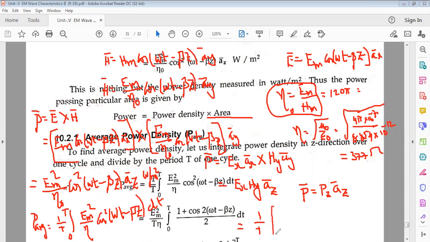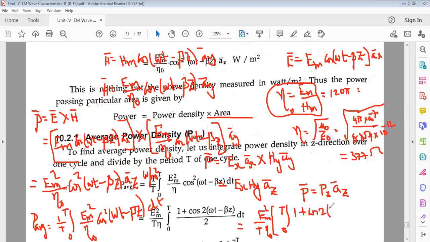So the integral from 0 to T can also be written as Em square by T into eta naught, the integral from 0 to T of 1 plus cos 2 theta.